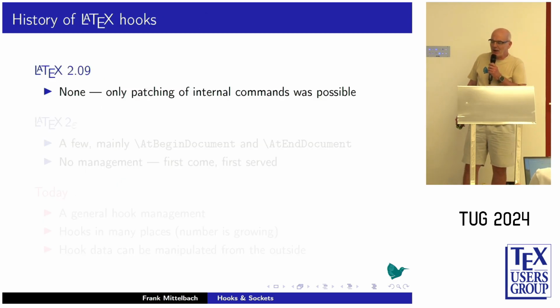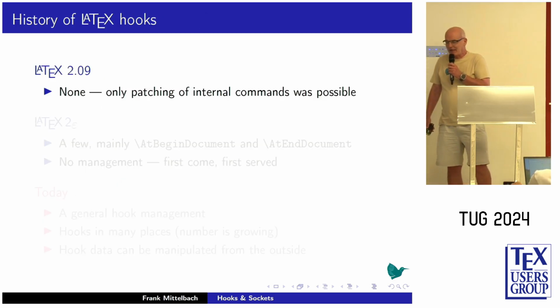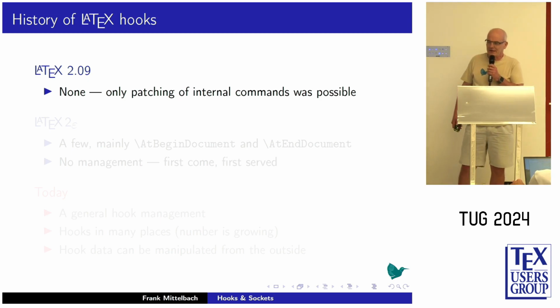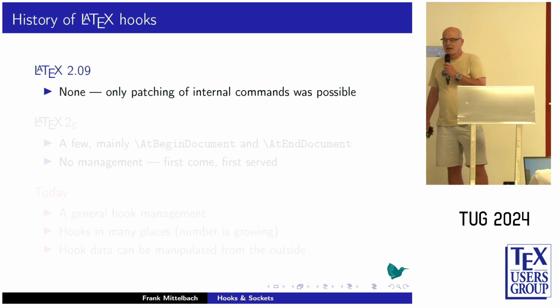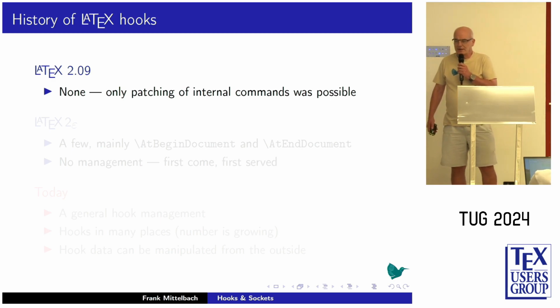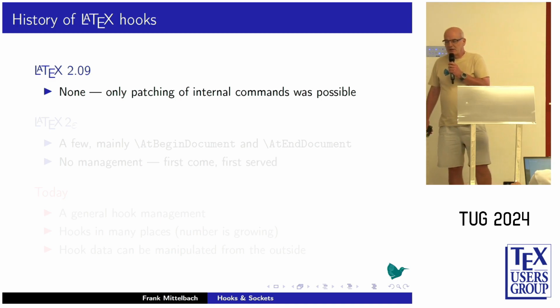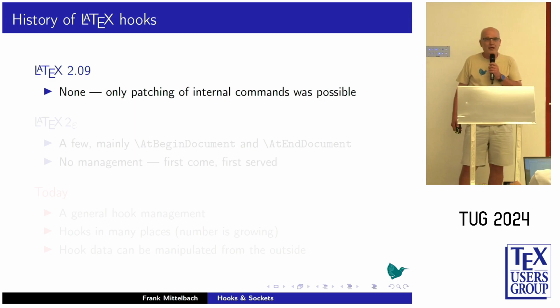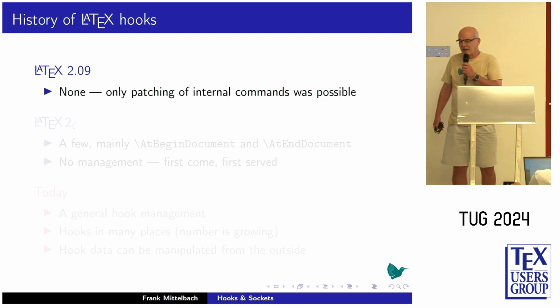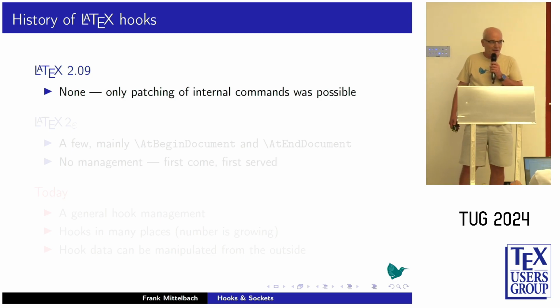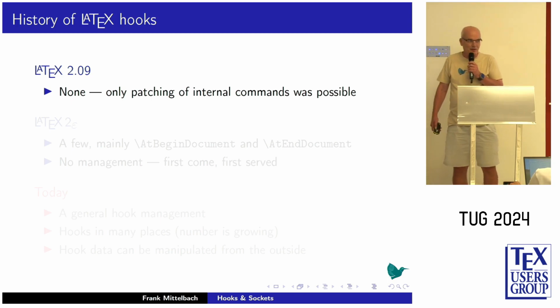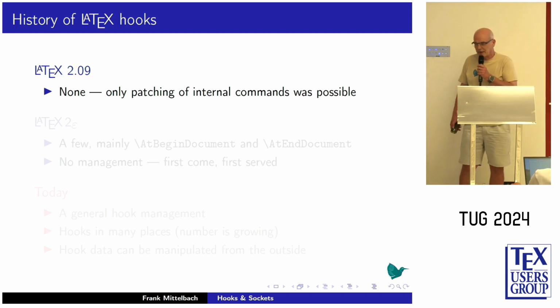Okay. So turning from the garage to what LaTeX does, the history of hooks in LaTeX. In the early LaTeX, the one that I started with, 2.08 I think actually, but 2.09 is the one with the book, there were no hooks whatsoever. It was just very, very dense code, and anything that needed to change was done by patching the internal commands of the LaTeX format.